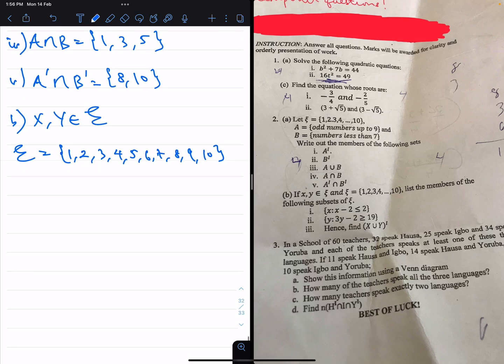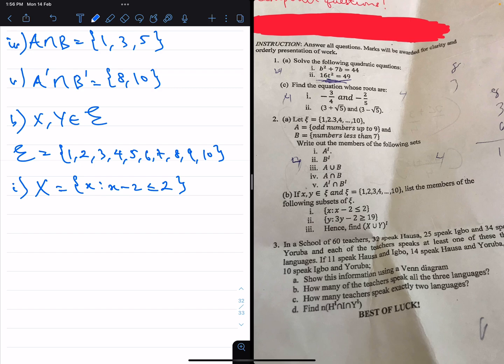List the members of the following subset of E. Question Roman figure 1. The set of x such that x minus 2 is less than or equal to 2.